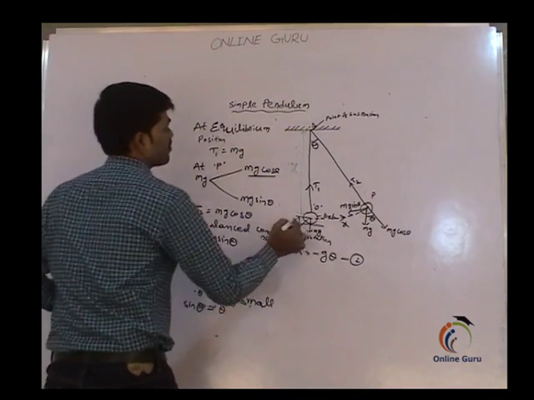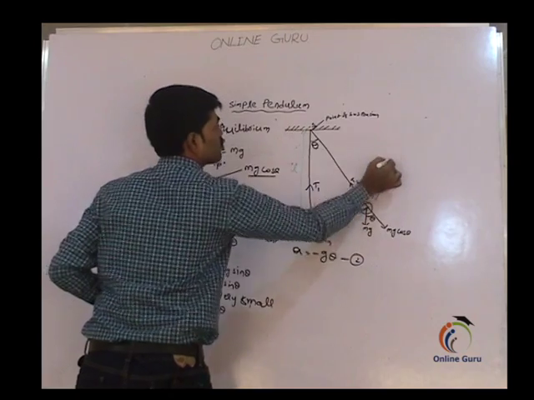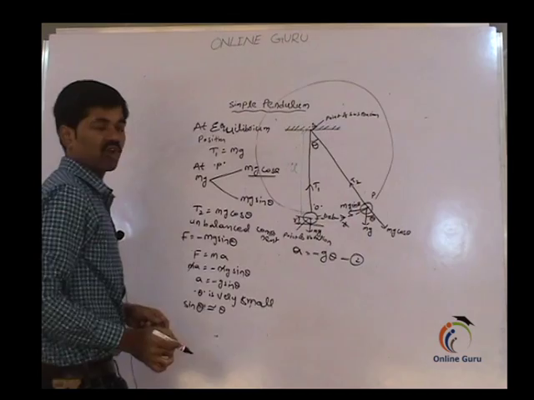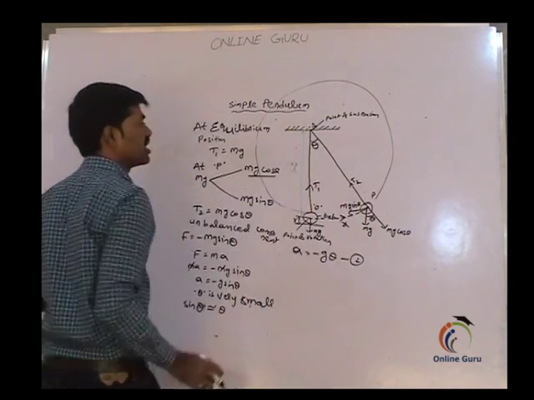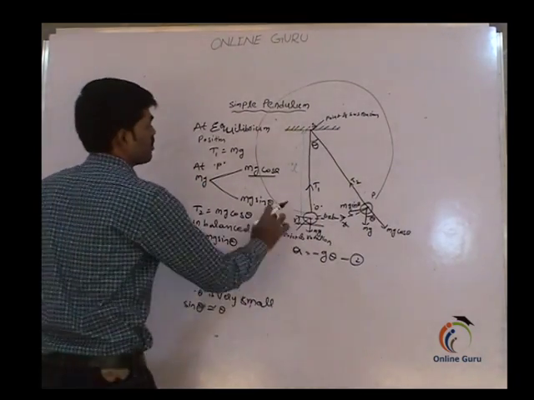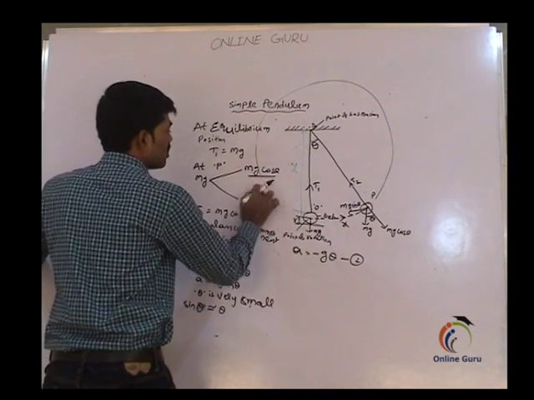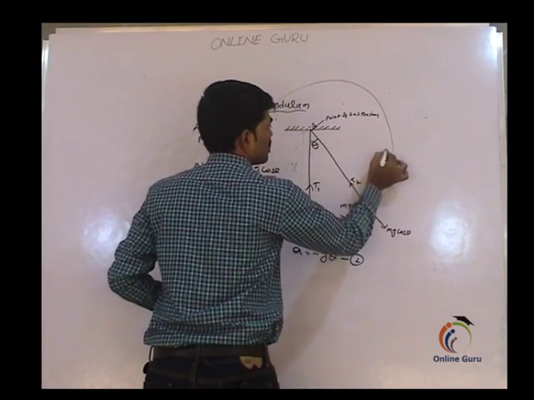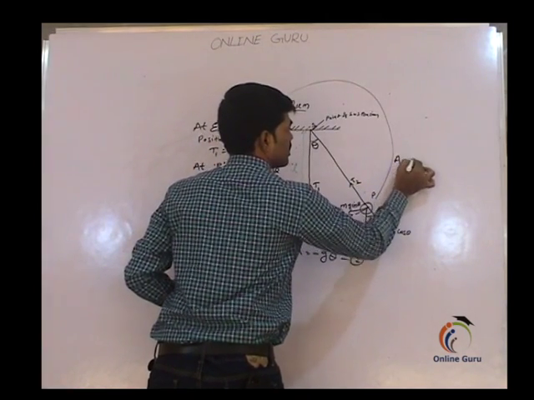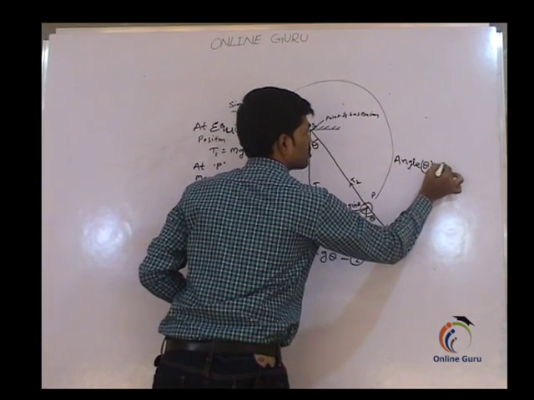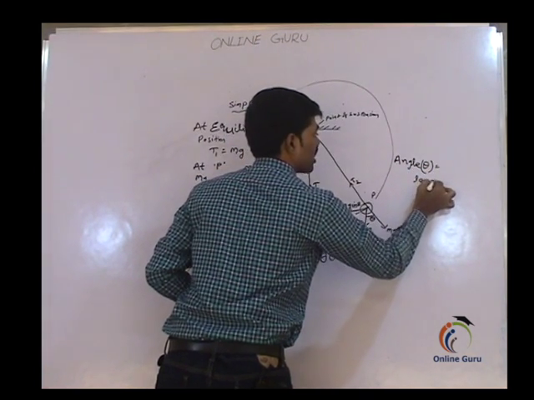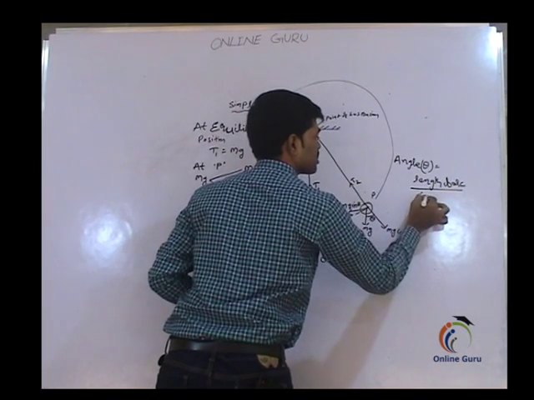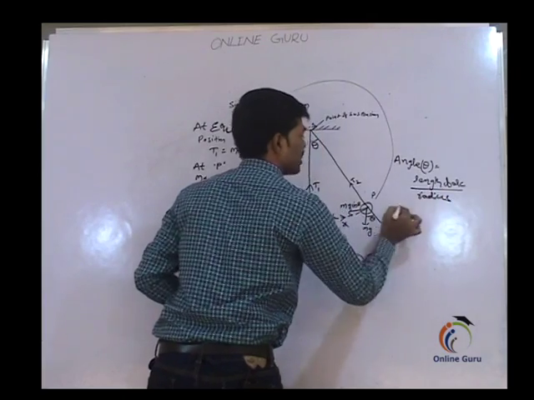Let us consider this is a sphere, and this is the center of the sphere, and L becomes the radius of the sphere. Now we know that angle theta is equal to length of arc by radius.